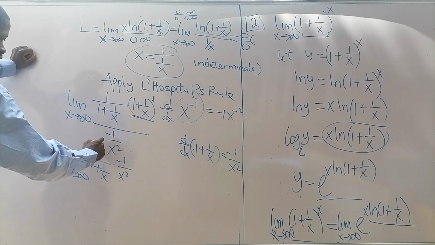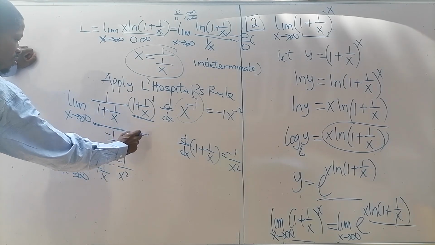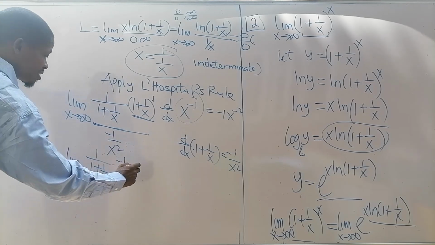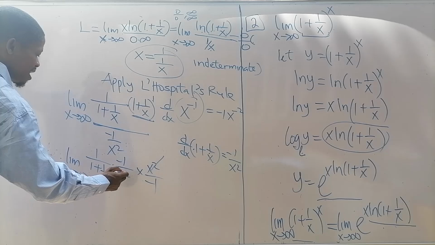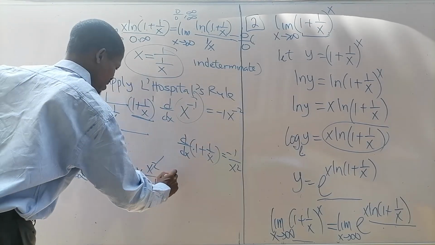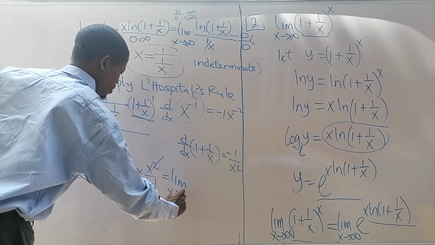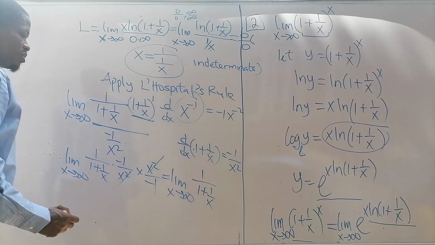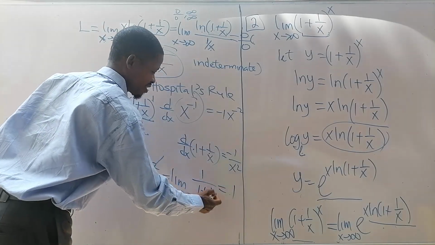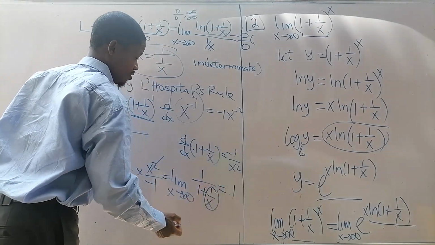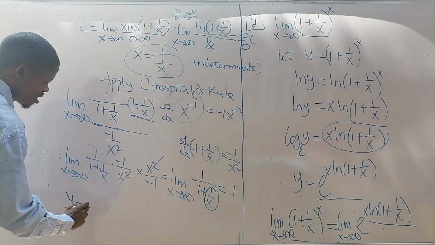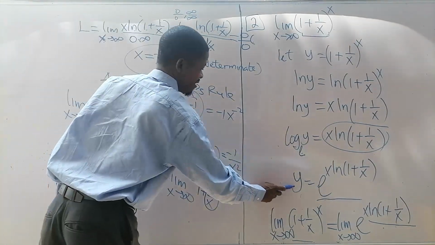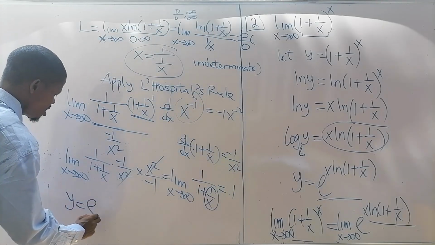Note this is a division, so flip it upside down, times x squared over minus 1. So this and this can have the limit as x tends to infinity. If you substitute, it's going to give you 1, because 1 over infinity is 0. So you have 1.